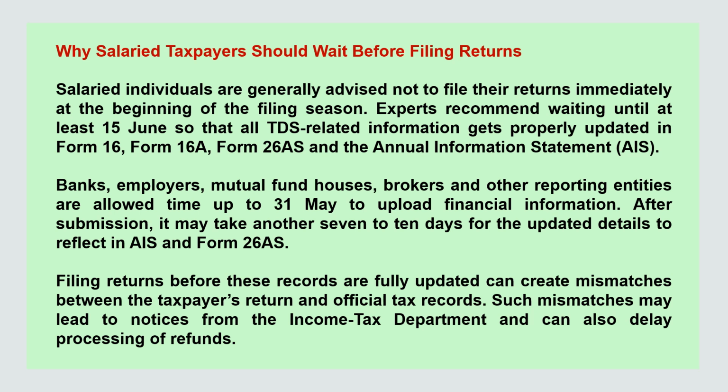Banks, employers, mutual fund houses, brokers, and other reporting entities are allowed time up to 31st May to upload financial information. After submission, it may take another 7 to 10 days for the updated details to reflect in AIS and Form 26AS. Filing returns before these records are fully updated can create mismatches between the taxpayer's returns and official tax records. Such mismatches may lead to notices from the income tax department and can also delay processing of refunds.